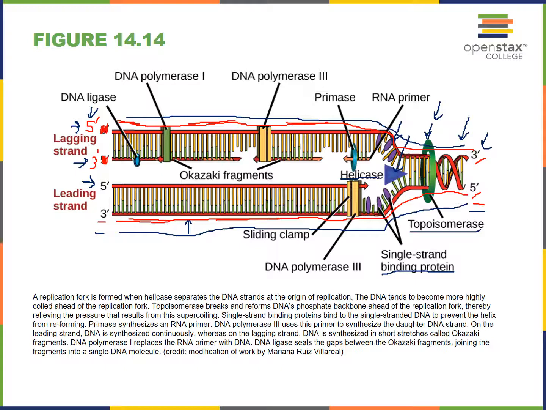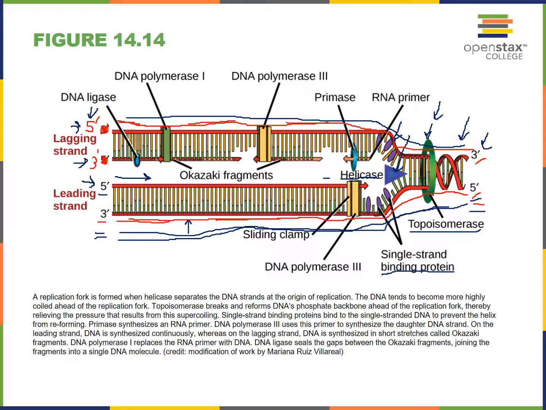So for this bottom strand, this bottom parent, since it's oriented 3' on the left, 5' on the right, your DNA is going to be built in this direction, from 5' to what it will eventually be 3' over here.